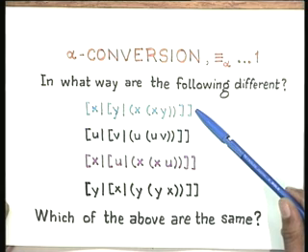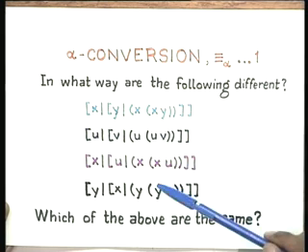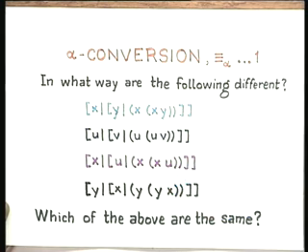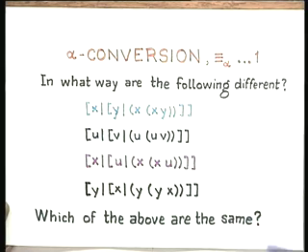It is actually very simple. In 2 steps I get the 2nd term from the 1st term by two syntactic replacements using what I call alpha conversion, which I am going to talk about now, and then in another 2 steps I get the 4th term from the 2nd term.